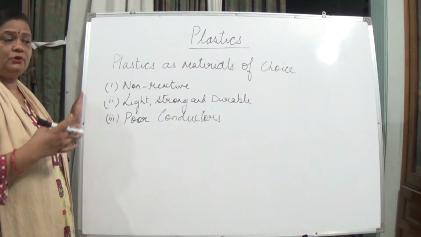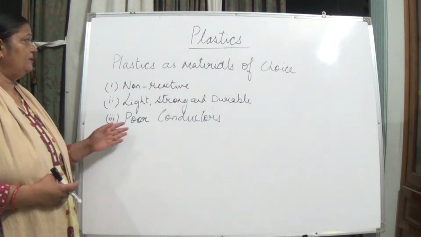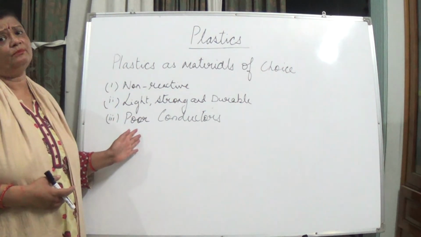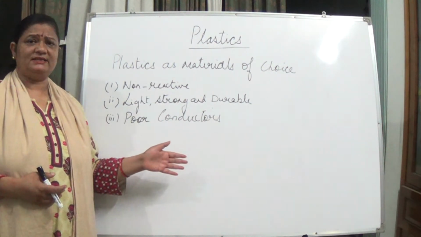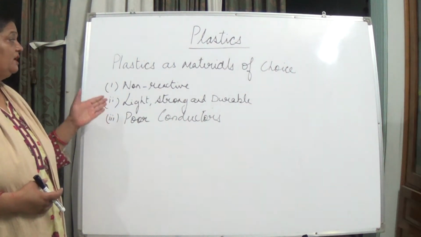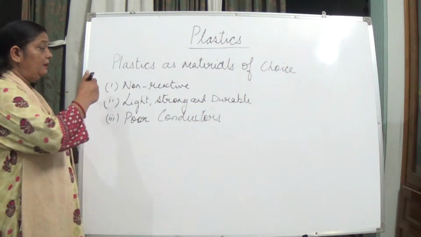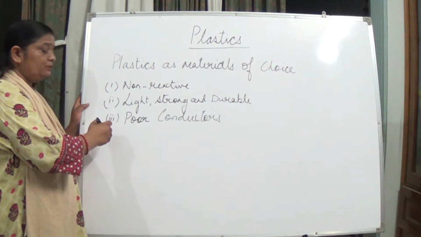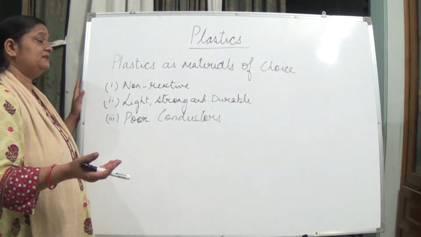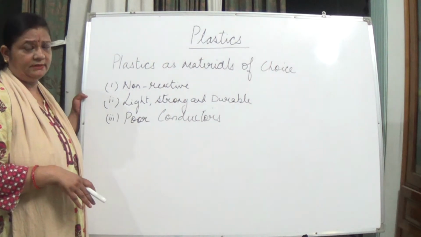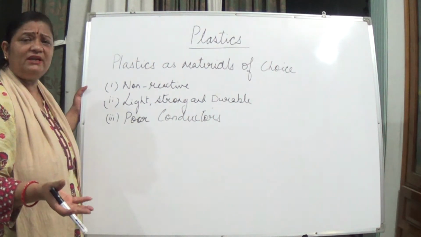And metals are good conductors, but plastics are poor conductors of electricity as well as heat. These three factors make us think it is better to make things from plastics rather than metals. Making things from plastics becomes more convenient.